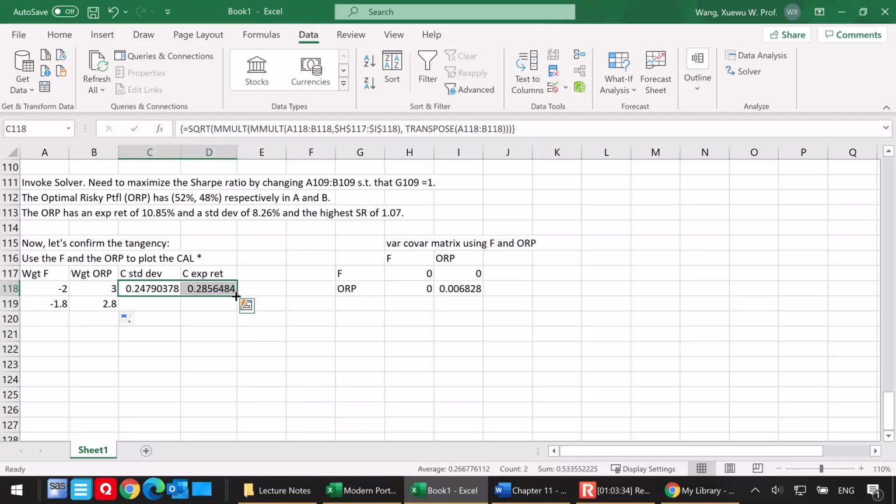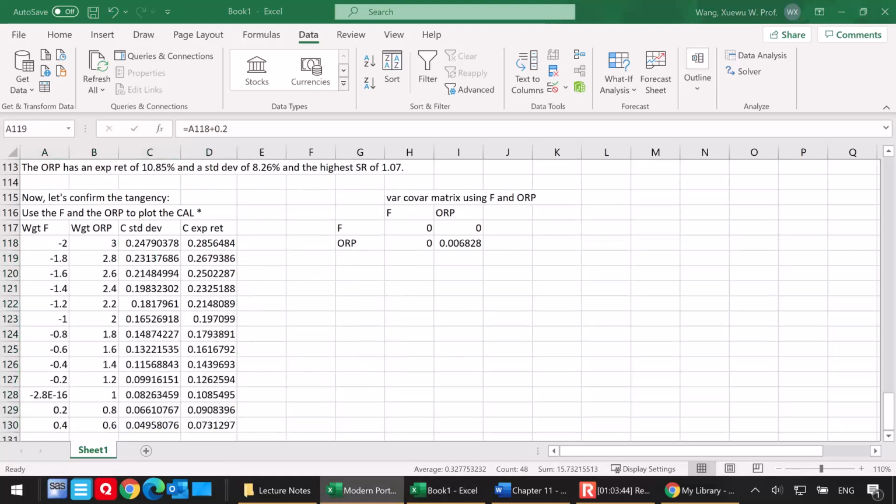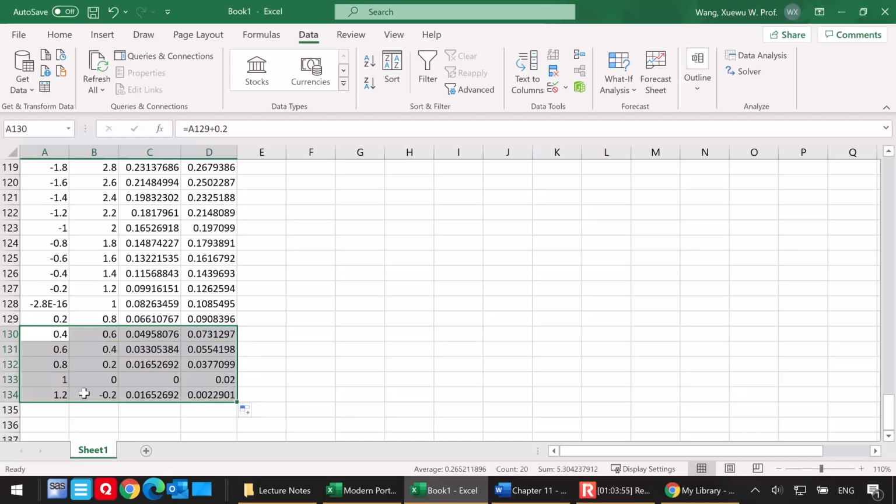All right, so I can copy this down here. So this is the second complete portfolio you can actually construct. All right, so I can actually copy this down, and I have all these different complete portfolios. And let me actually copy down all the way to my grandma's portfolio. Okay, and that's my grandma's portfolio.